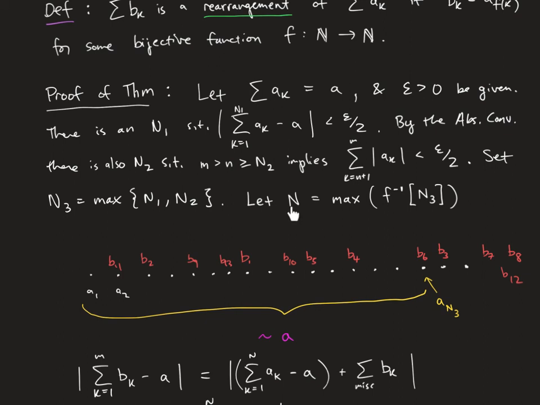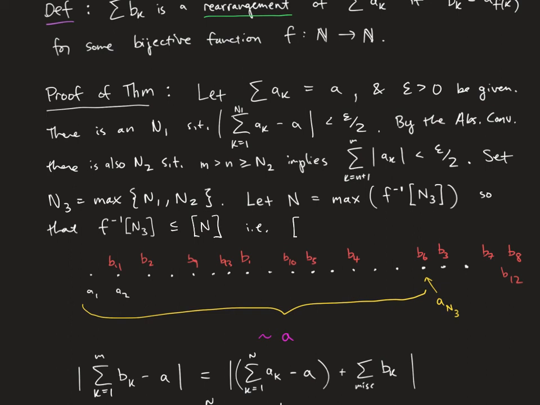So if capital N is the maximum of this set, f inverse of N3, that is, if capital N is the biggest element of that set, then that set must be contained in the set of the first N natural numbers.